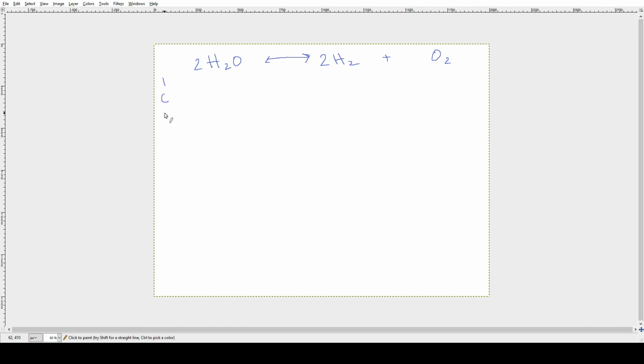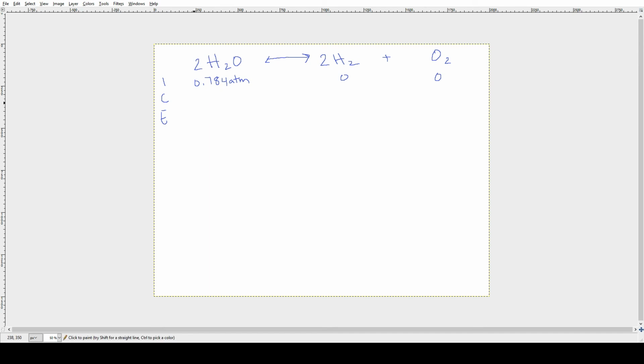I, C, E. All right, and the only thing they gave me was my initial partial pressure of water. There it is. And I don't have the other two. They don't exist at the beginning. It's just water vapor at the beginning. That's what they said. So I'm going to do what I did before, where I assume something's equal to x.